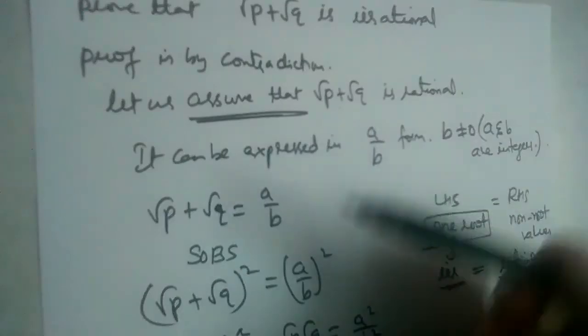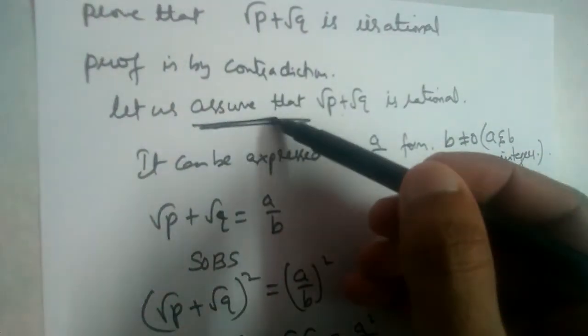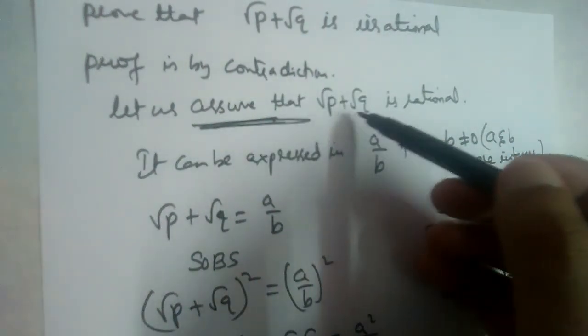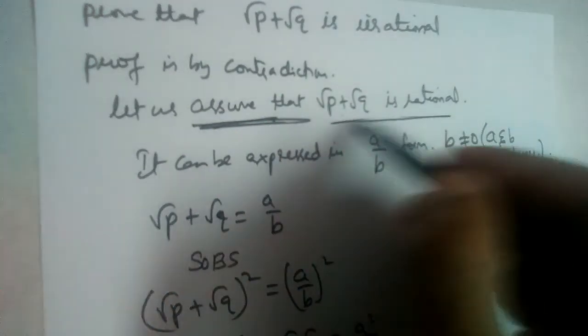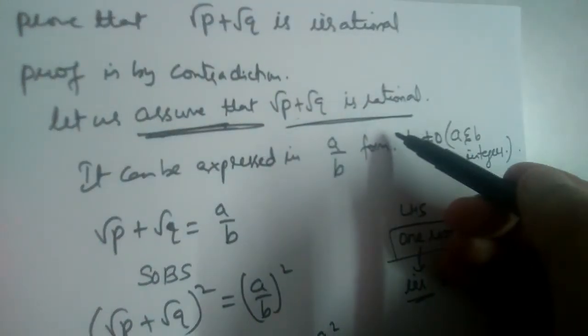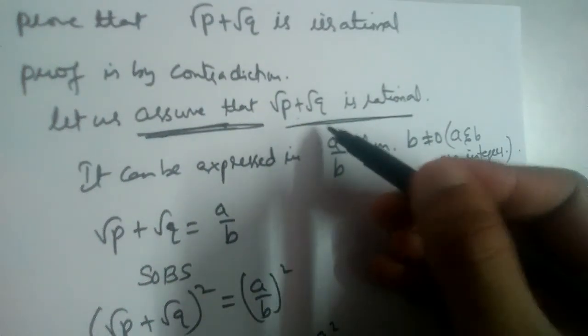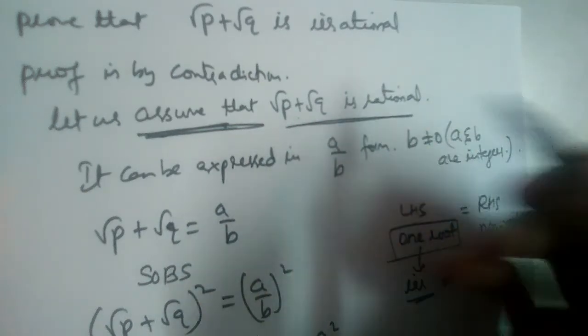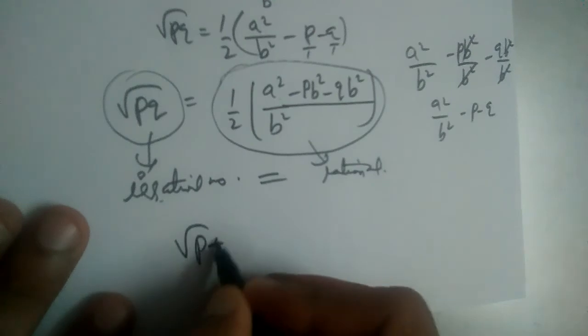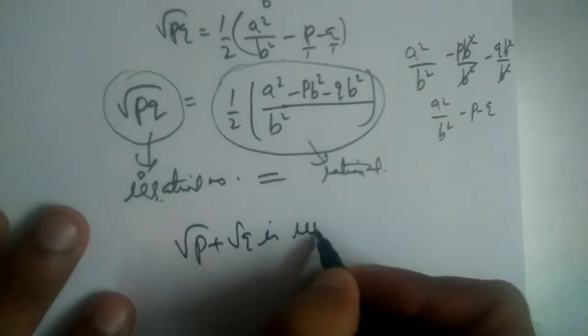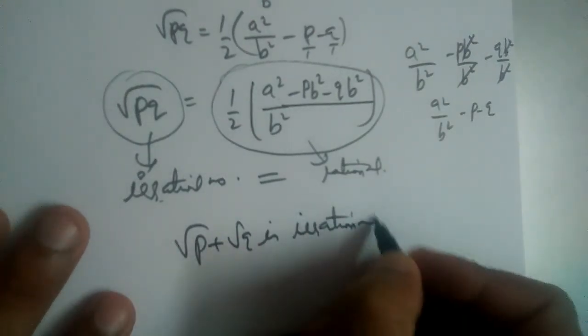So where can the mistake be? In our assumption. We assumed that root p plus root q is rational. This was a mistake. If this is a mistake, what is the correct thing now? Root p plus root q is irrational will be correct, isn't it? So we conclude that root p plus root q is irrational.